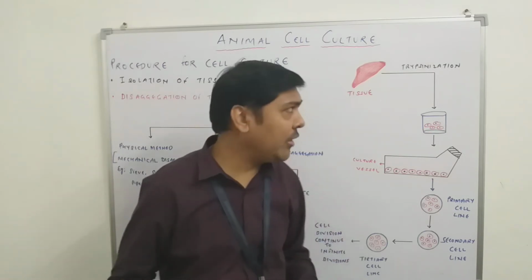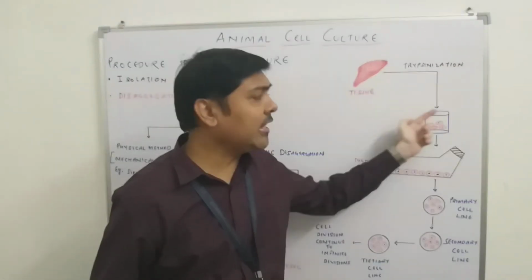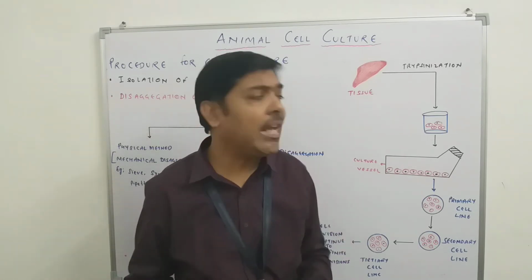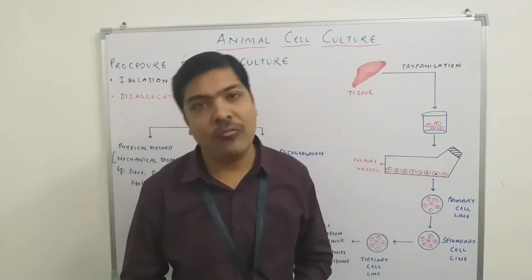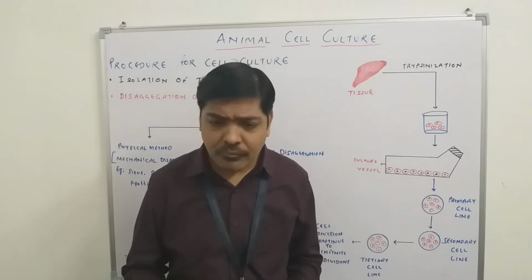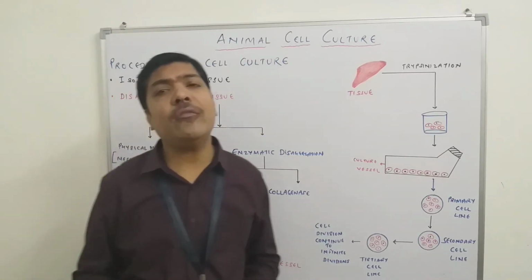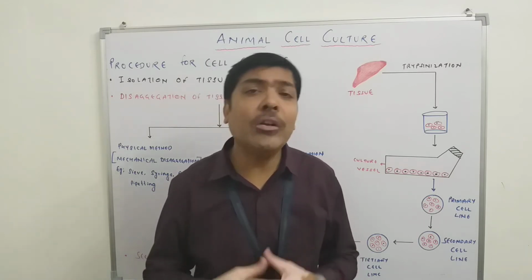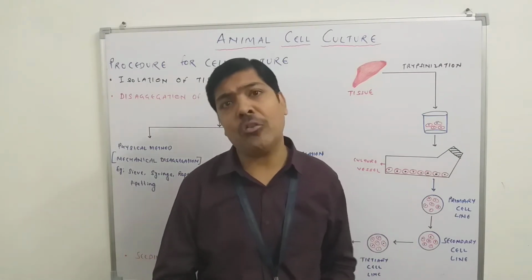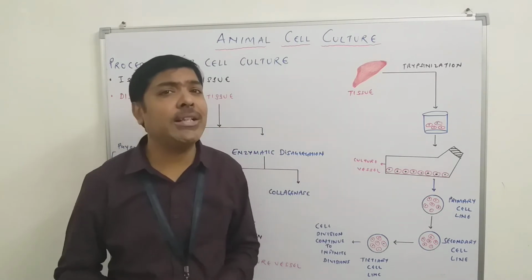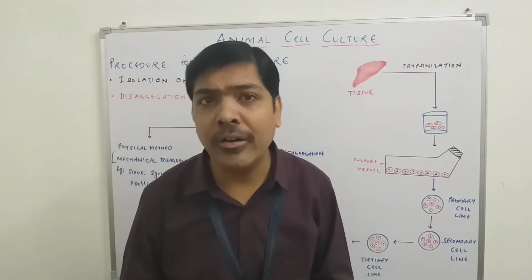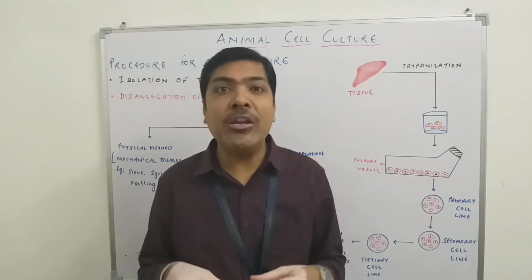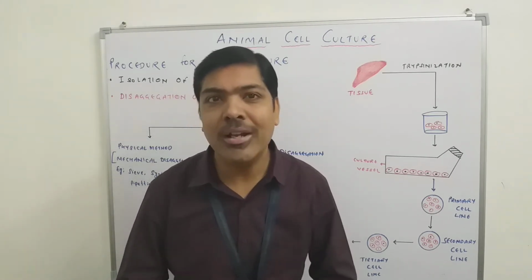So here we are seeding this disaggregated mass of the tissue, which is converted into cells, inside the culture vessel. In the last video, we introduced one term called anchorage dependency. It is observed that various human cells like the cells of the kidney and the liver have the tendency to grow by anchoring with the base of the culture vessel.